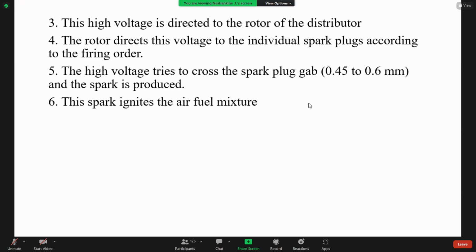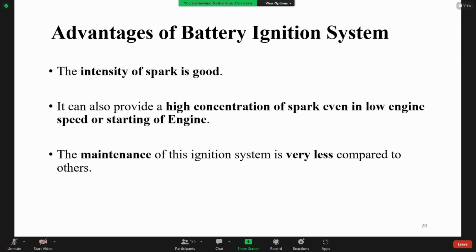Shall we move to the advantages and disadvantages of this battery ignition system? Okay, then we will discuss the advantages of the battery ignition system. First one, the intensity of spark is very good in this battery ignition system.